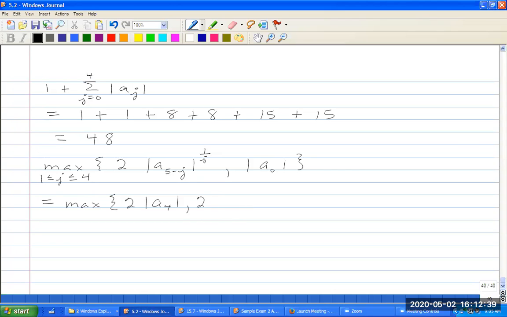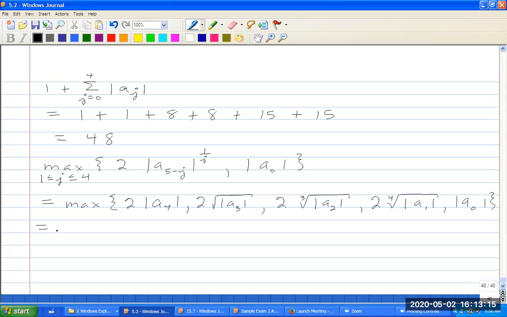So now I'll put the square roots. 2 a2, 2 a3, a1, sorry, and then a0. Okay, so let's find the maximum of those.